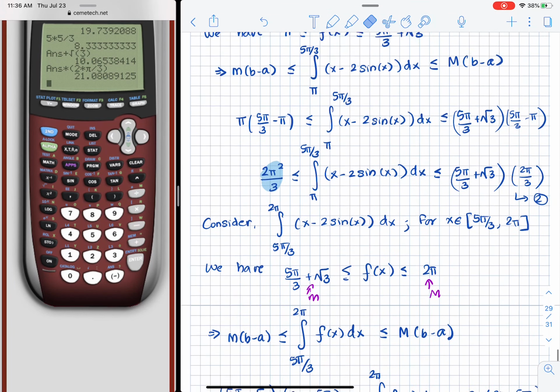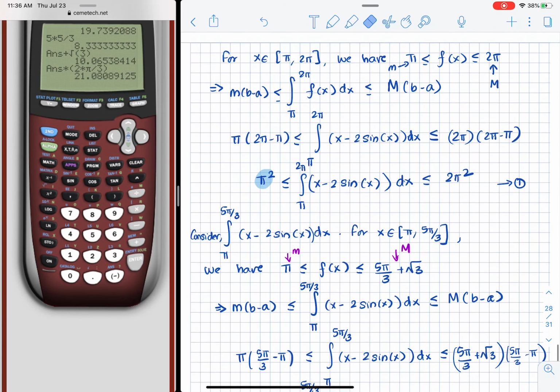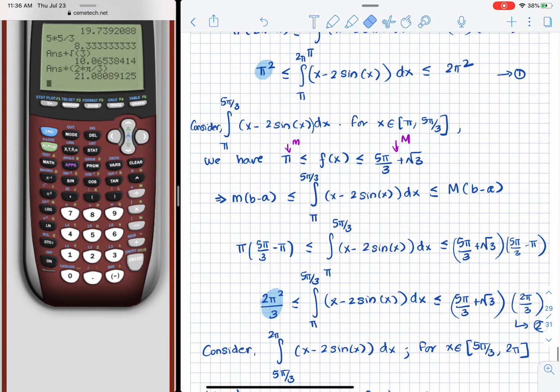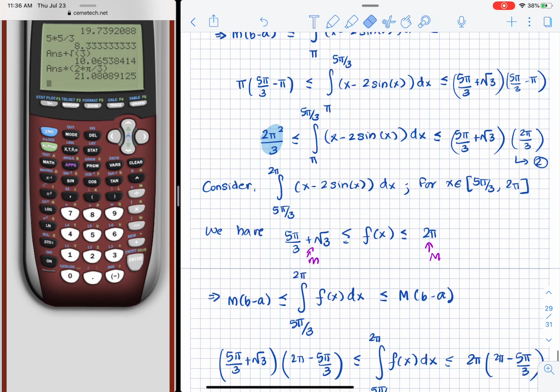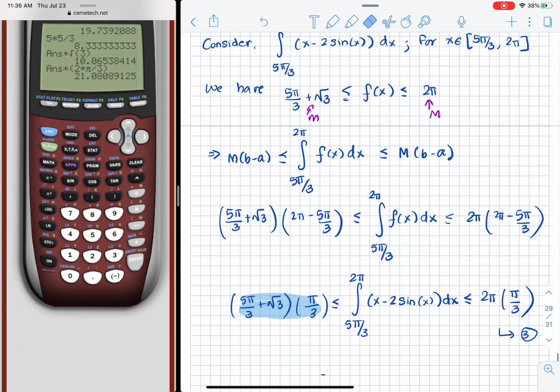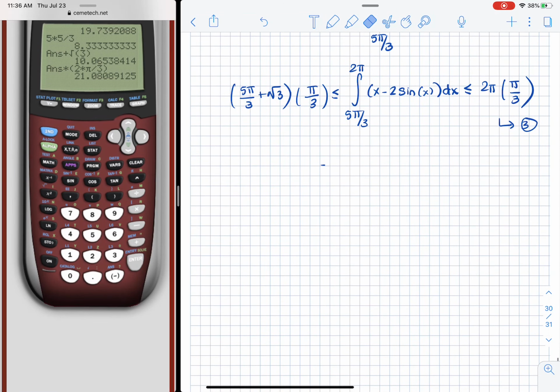So while we have the inequalities, we can compare the lower endpoints, pi squared and 2 pi squared over 3 in inequality number 2, and we can say that the lower endpoint has to be pi squared.